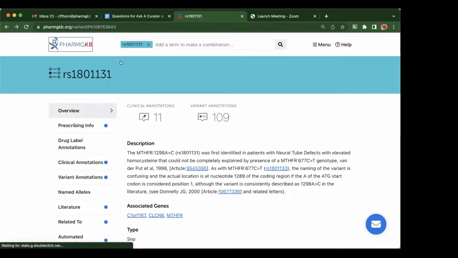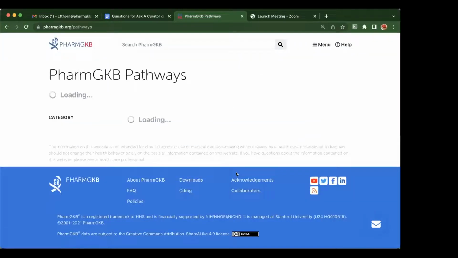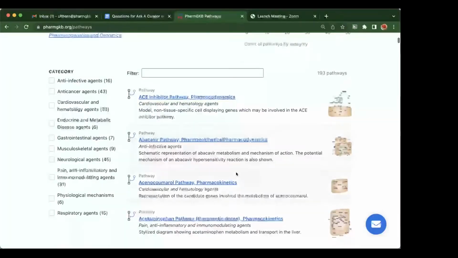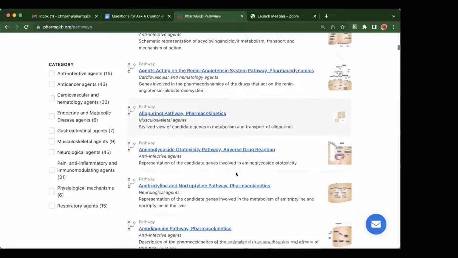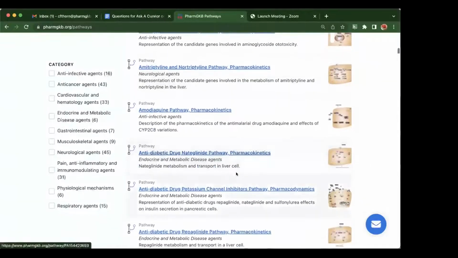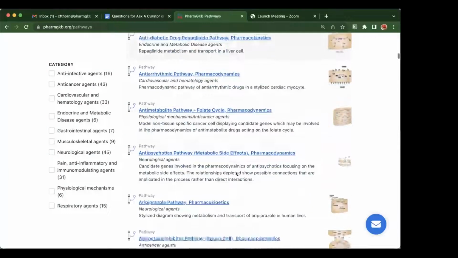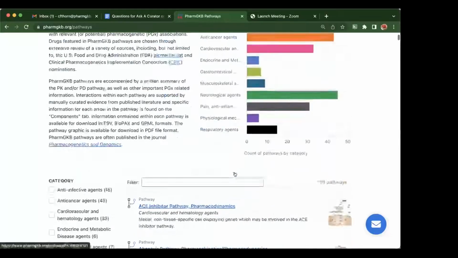So I'm on the spot now trying to think about where we've got ones that show, where's clozapine?